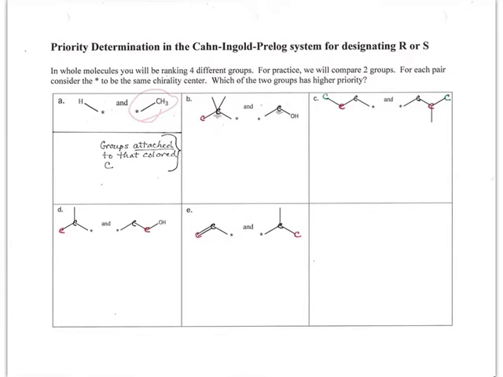What we have to do is break the tie by what is attached to that carbon. So that carbon, and you don't go back to the first one, so you're going to have 3 groups attached to it. In the case on the left, you have a C and another C, right?